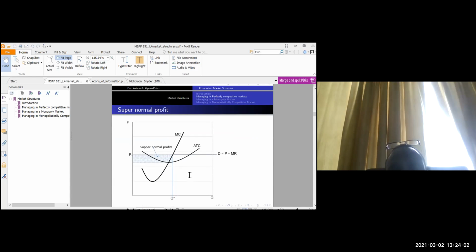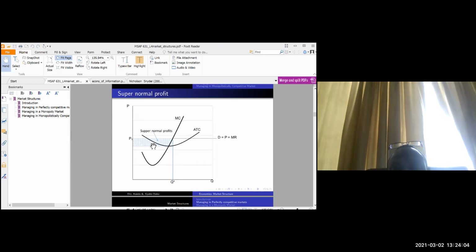All right, so this is a case of supernormal profit, where the price is higher than not only the average variable cost, it's higher than the average total cost. It means that the price you are getting for your product is able to cover the average fixed cost, and also your average variable cost. In totality, it's able to cover your average total cost.